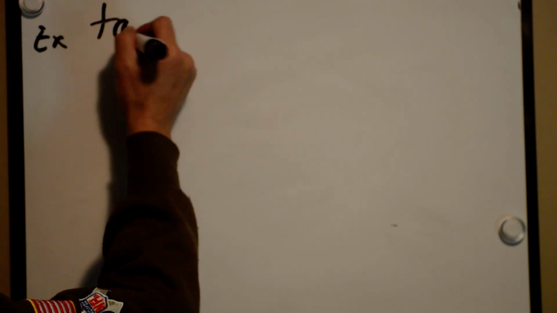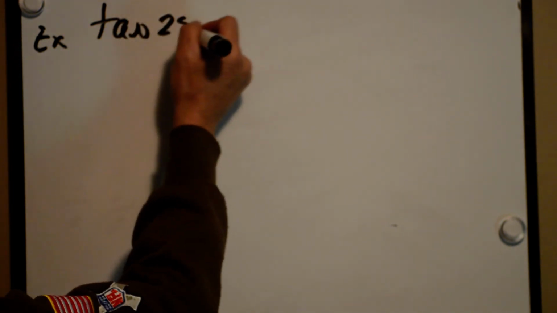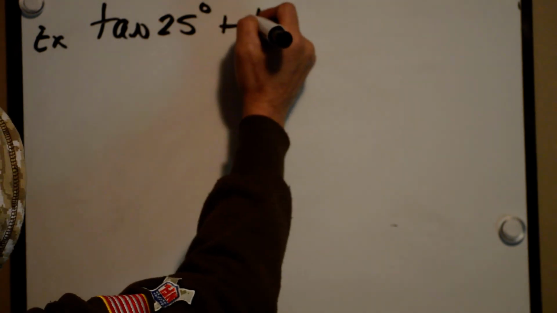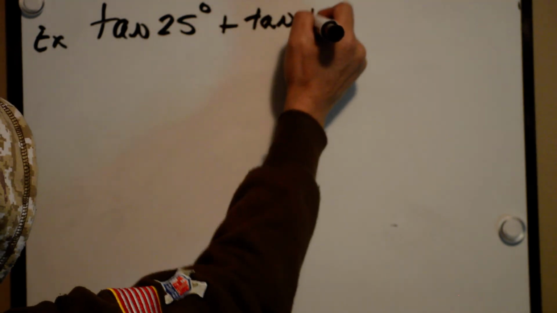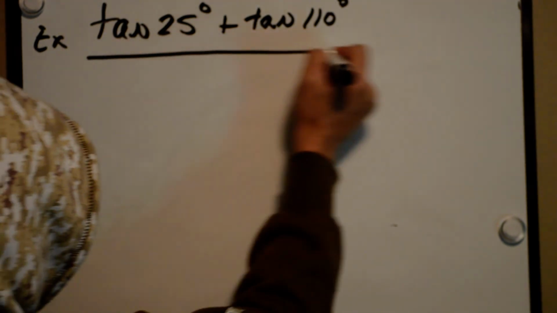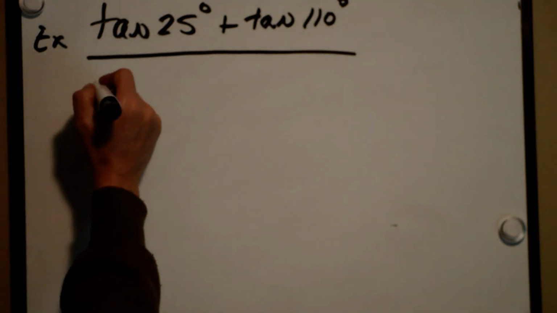Watch. All right, so now then, this next example, I have the tangent of 25 degrees plus the tangent of 110 degrees. That is the formula that I just gave you. Take a look at your formula sheet. I'm not going to show it to you again. You have it written down.